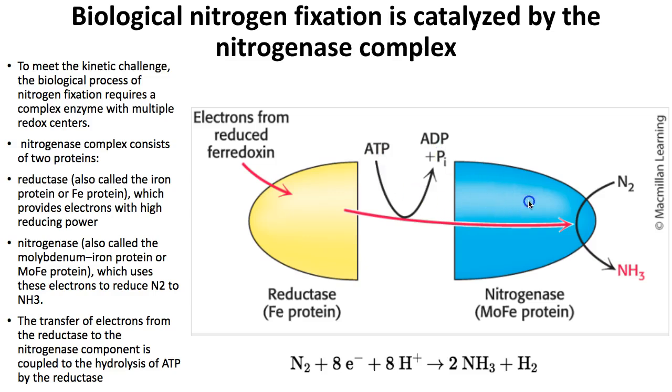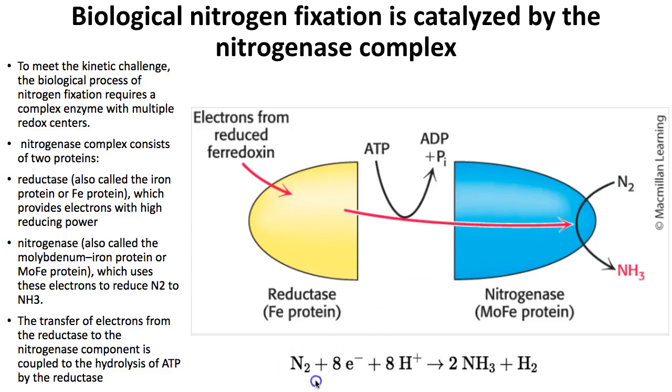Then the electrons go over to this protein, which is the molybdenum iron protein, also considered nitrogenase, and that is what actually reduces the nitrogen to ammonia.